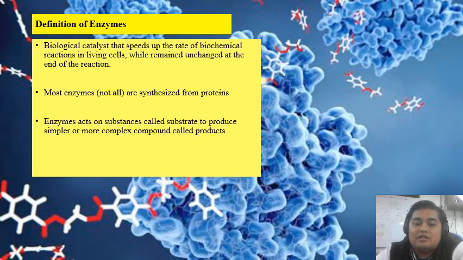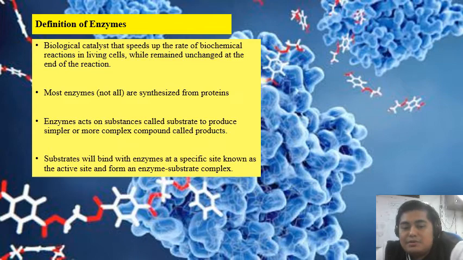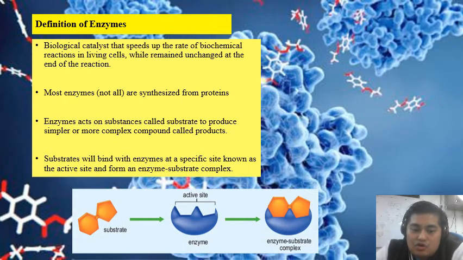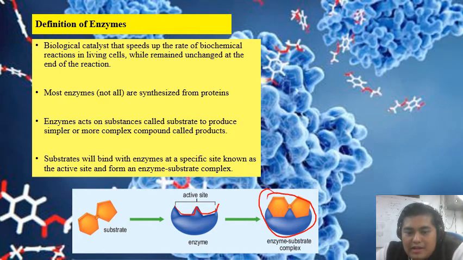Next, enzyme acts on substances called substrate to produce simpler or more complex compounds called products. Substrate will bind with the enzyme at the specific site known as the active site to form an enzyme substrate complex. So, bila substrate melekat pada active site satu-satu enzim, dia akan membentuk satu molekul yang kita panggil sebagai enzyme substrate complex.